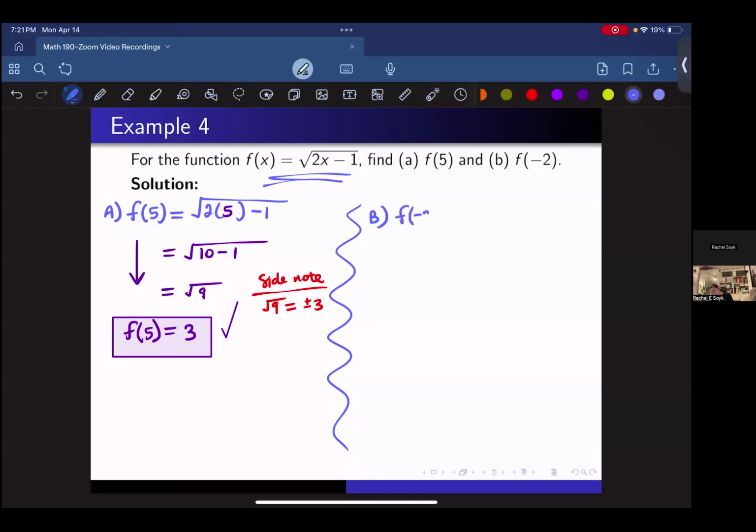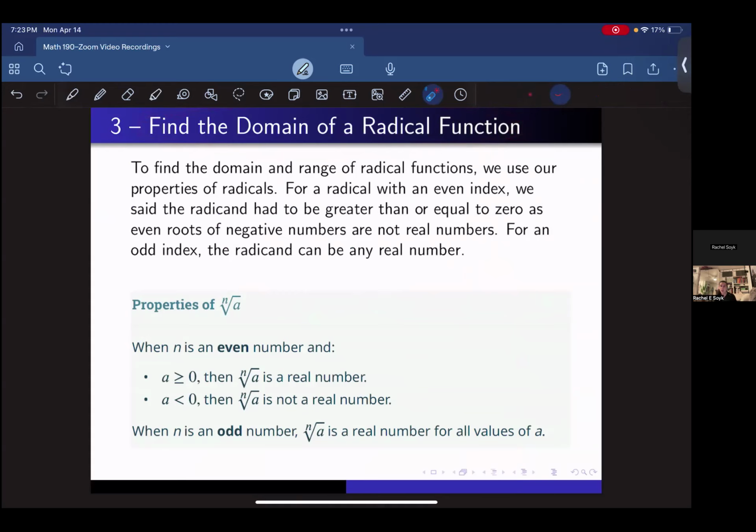The third objective for today is being able to find the domain of a radical function. And so this is really important, especially when you look at the indexes for the functions or for the expressions that are presented to us.